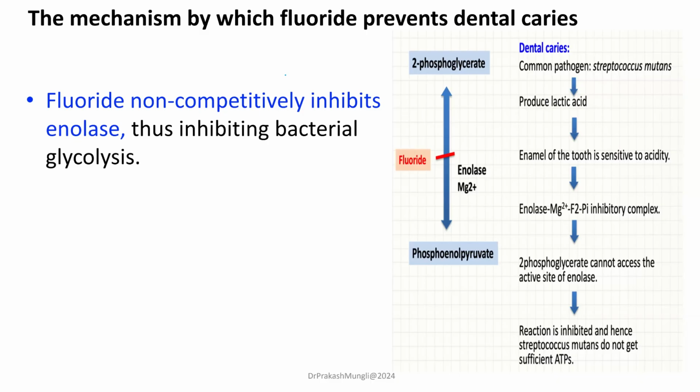The whole idea here is not to allow anaerobic glycolysis to go on in the bacteria, thereby decreasing the lactate released into the mouth, and thereby preventing the erosion of teeth. And that's how dental cavities are prevented.